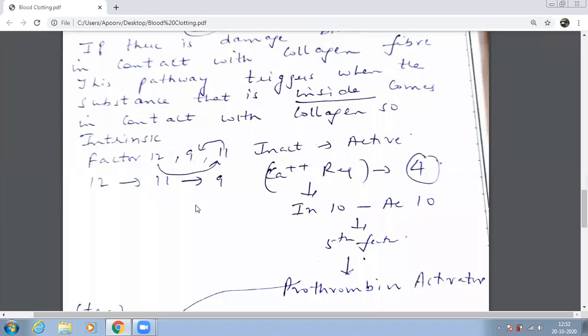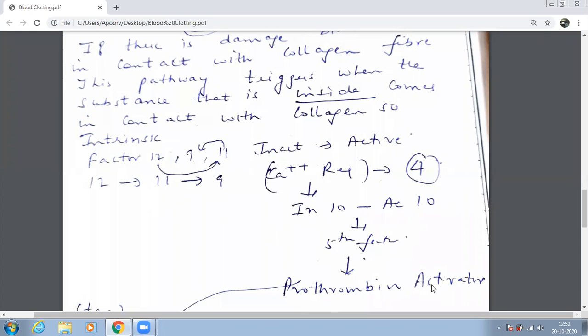And some more factors which convert inactive to active in this pathway are inactive factor 12 to active 12, inactive 11 to active 11, inactive 9 to active 9, inactive 10 to active 10, and finally inactive fifth factor to active fifth factor. When this fifth factor becomes active, prothrombin activator is produced.